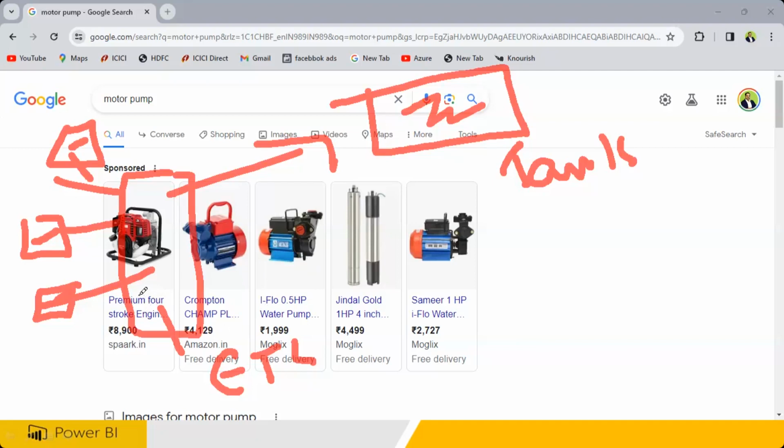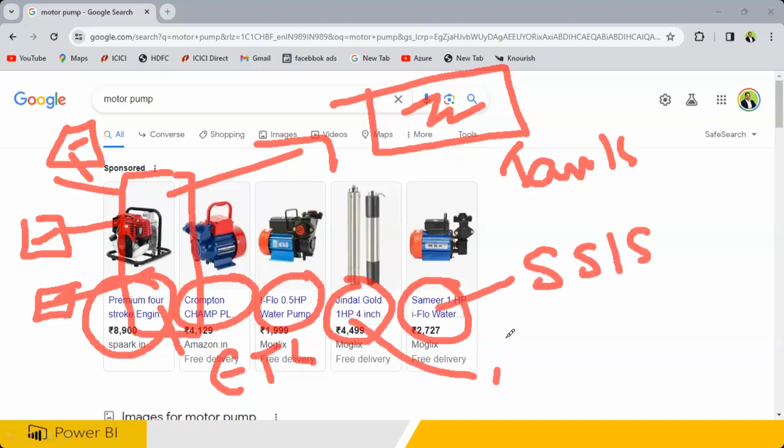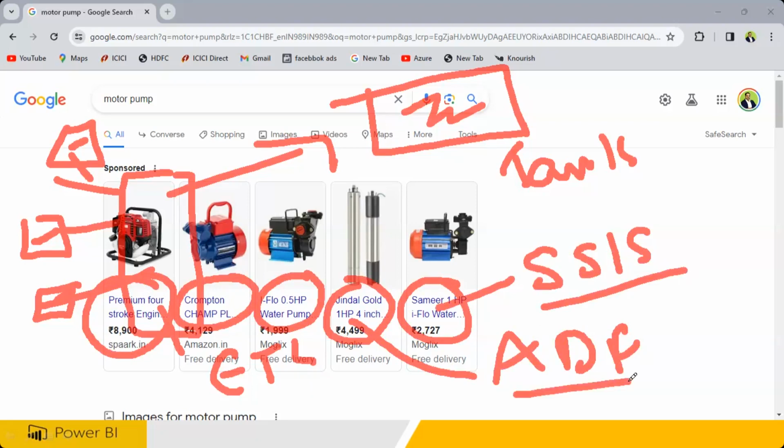Crompton is one company, and there are many others like Jindal. Similarly, lots of ETL tools are available. I am using SSIS from Microsoft, an on-premises ETL tool, or ADF, which is also from Microsoft and is cloud-based.